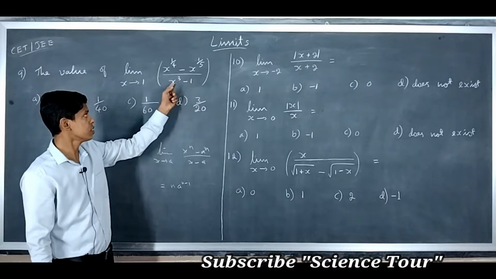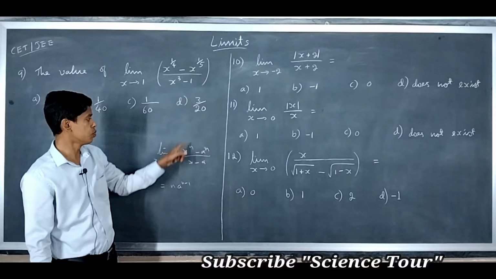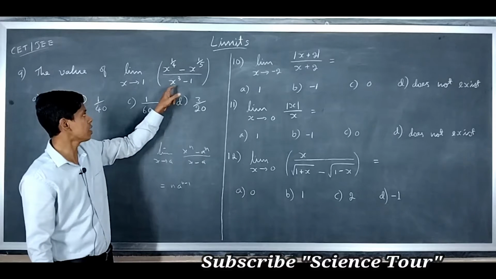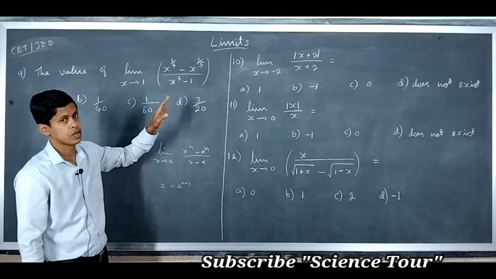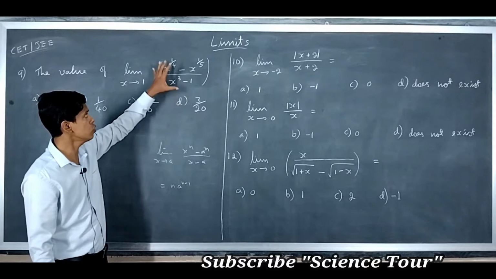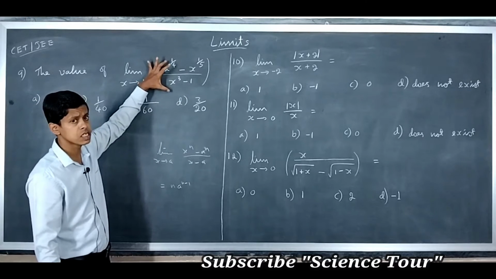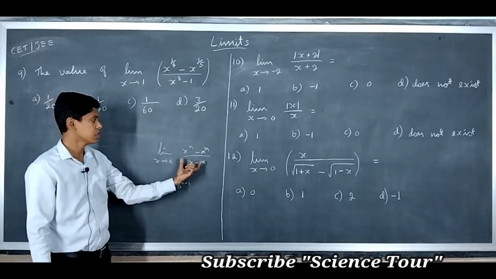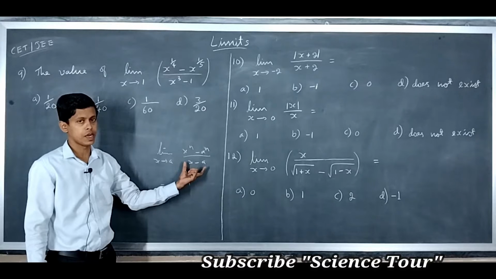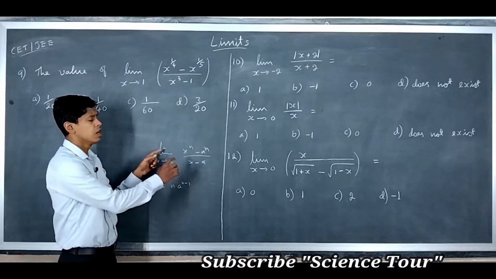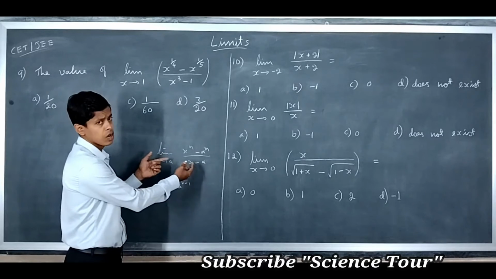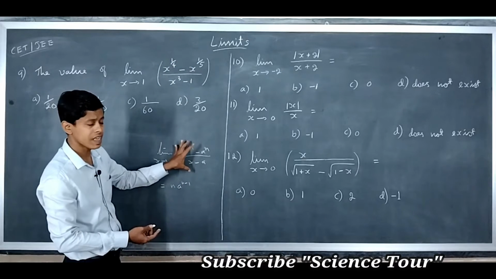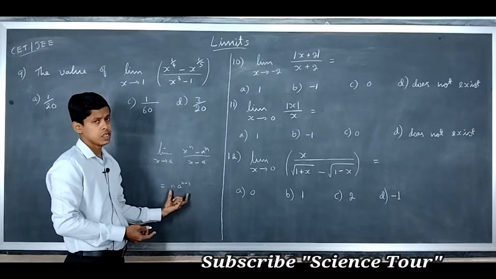And here this is x cube minus 1 cube, but in the denominator you must have x minus 1. I hope you understood. So we have to arrange this expression so as to suit this formula. If you want to use this formula, we should arrange things which are looking like this, then only you can use the formula.